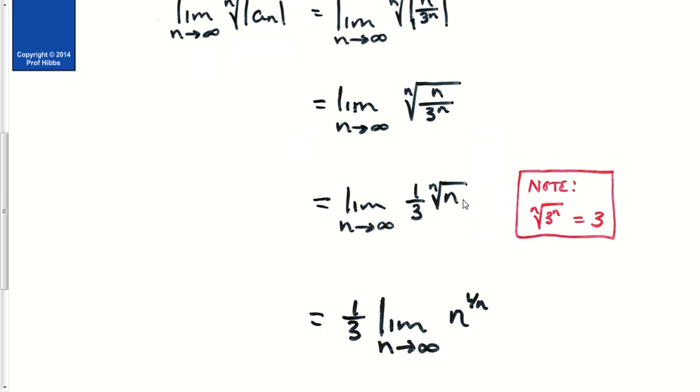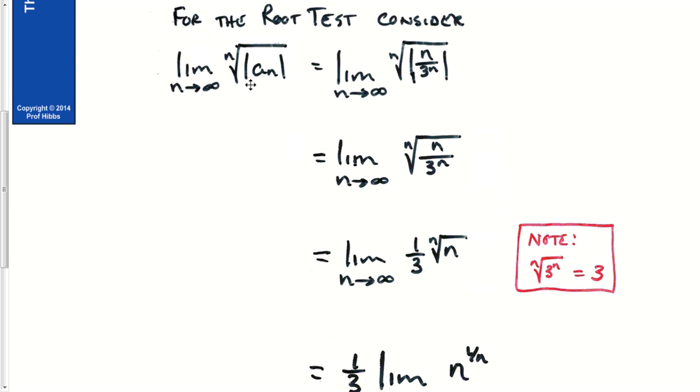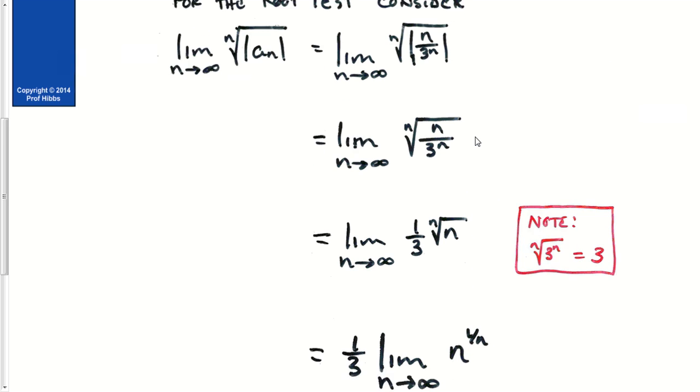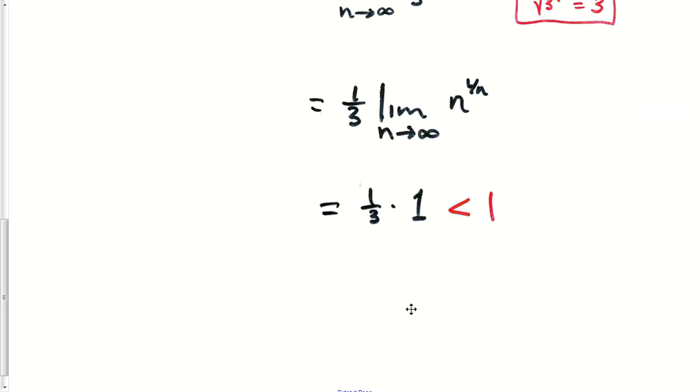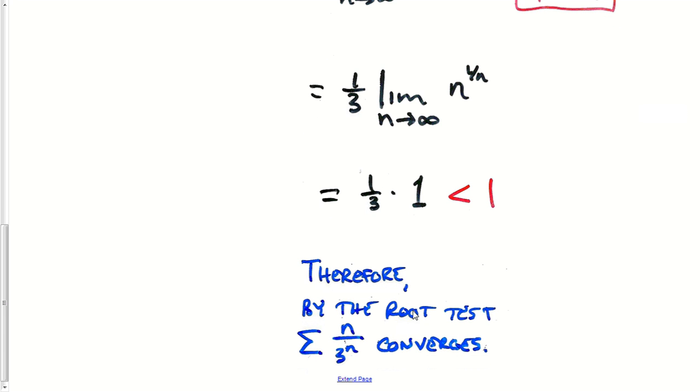If the limit of the nth root of the absolute value of the terms is less than 1, then that tells us, according to the root test, that the series converges. What we were testing is something about the terms, but now that we know that limit is less than 1, we know the original series converges. Pretty easy test to apply.